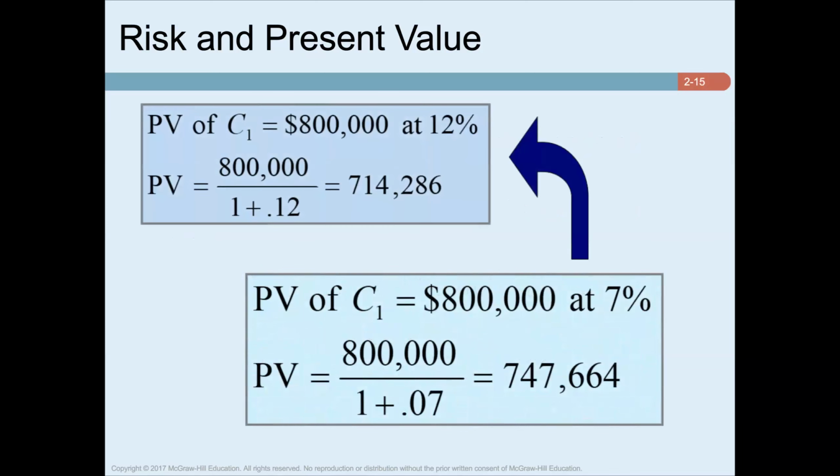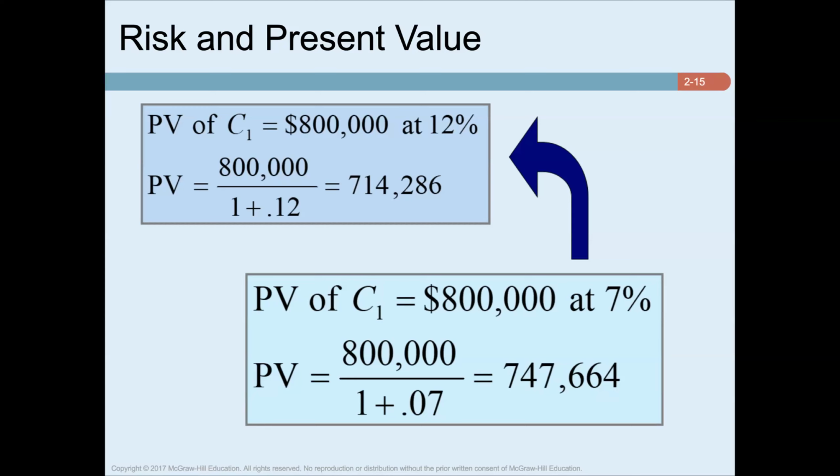So what if the rate now is 12%? Then the present value becomes 714,286. So instead of making 47 thousand, we are only making $40,000 with the investment of 700,000. Okay. So if it's risky, then the present value will be lower.